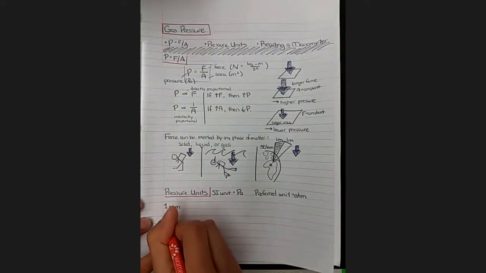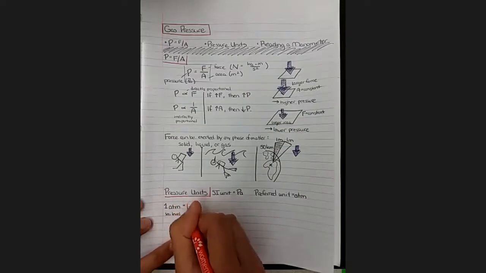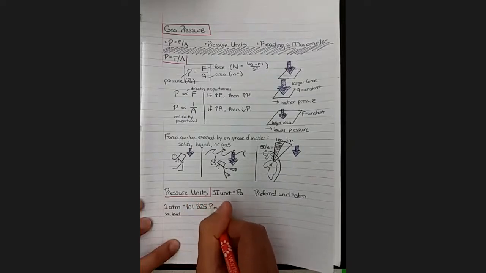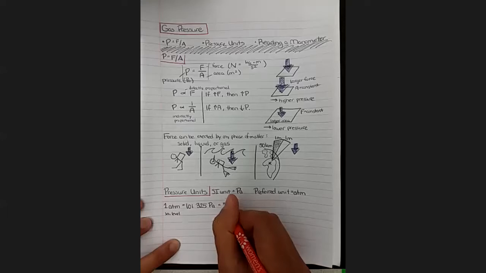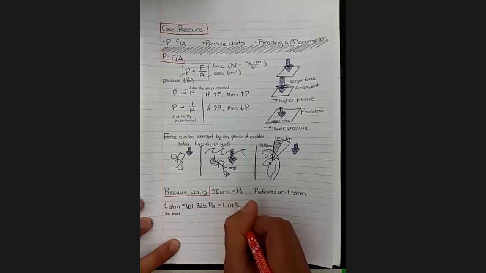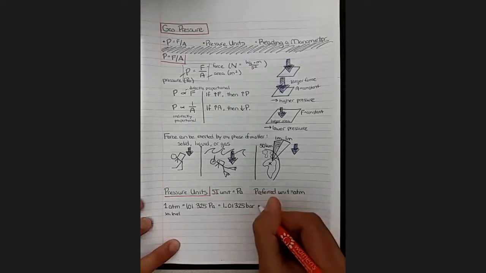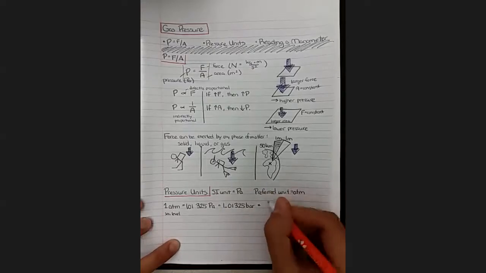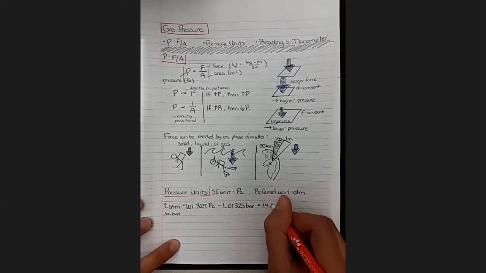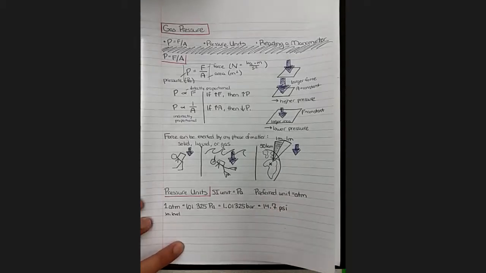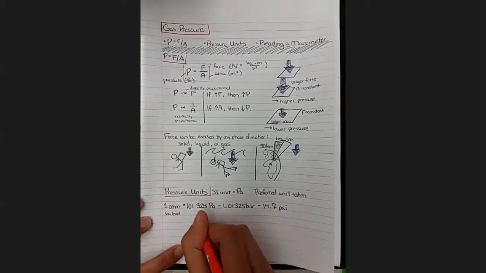So 1 atmosphere, which is the pressure at sea level, is equal to 101,325 pascals. It's equal to 1.01325 bars, which is a different unit. It's equal to 14.7 psi, which American systems often use to measure tire pressure.